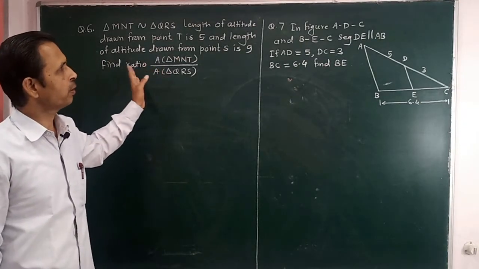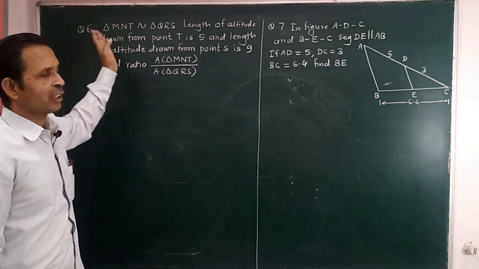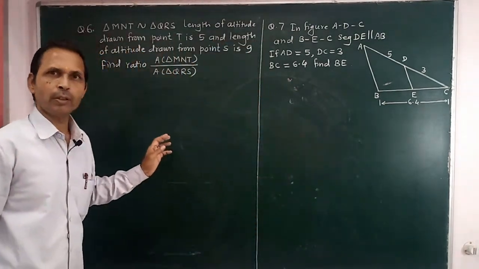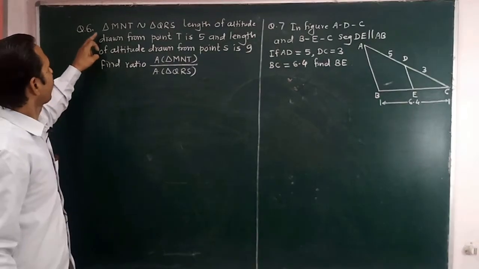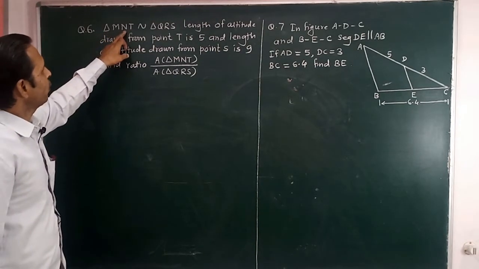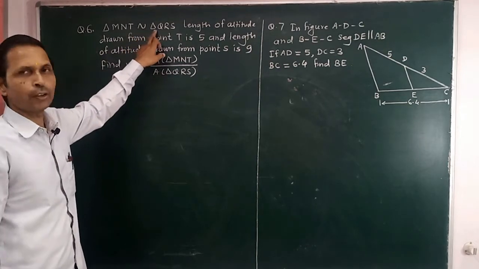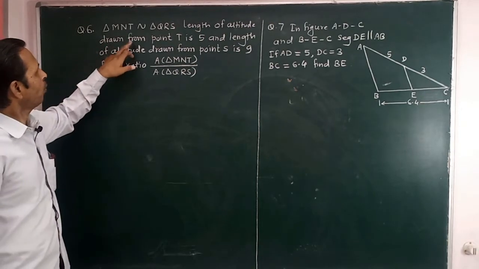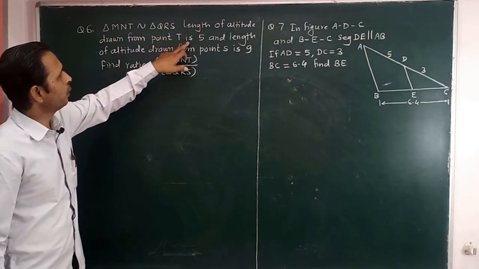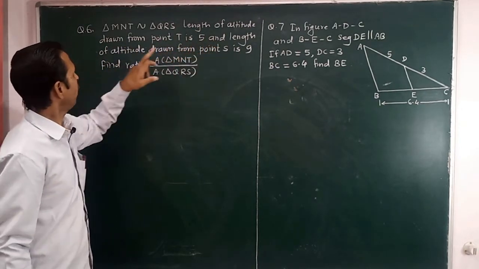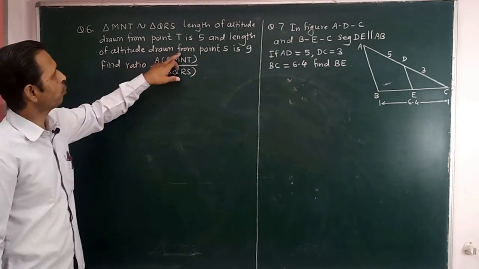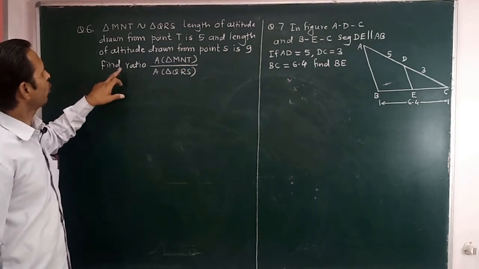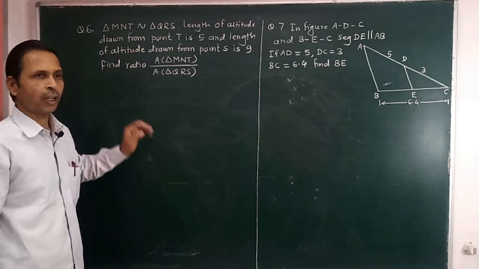Examples number 6 and number 7 on that same problem set 1. Triangle MNT is similar to triangle QRS. The length of the altitude from point T is 5 and the length of the altitude from point S is 9, then we have to find the ratio of the areas of these two triangles.